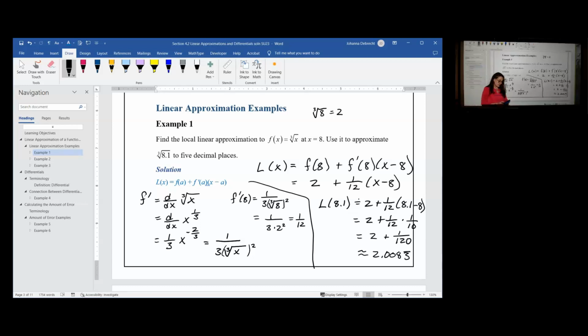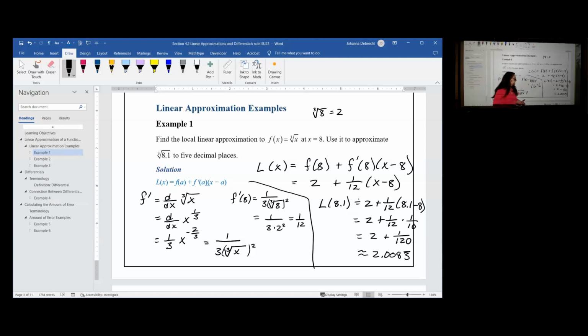Grab your calculator now and compute what the cube root of 8.1 is. Let's see if I can find it. The cube root of 8.1 on my calculator comes out to be 2.00829885, and it keeps going.